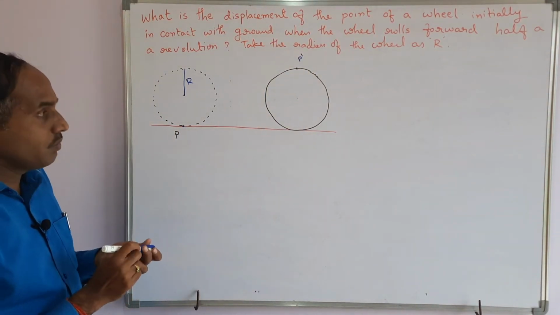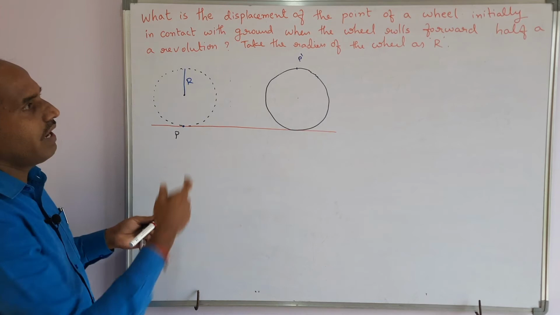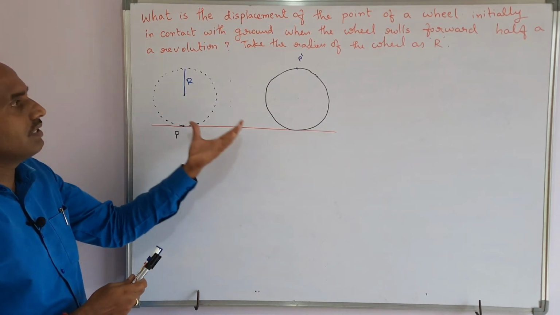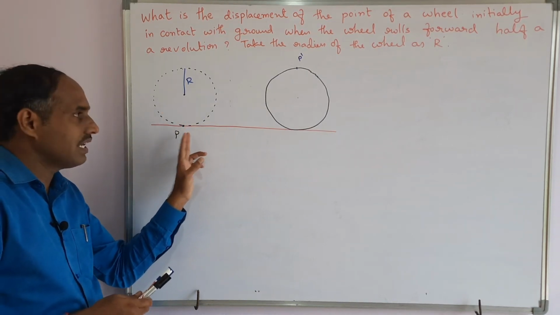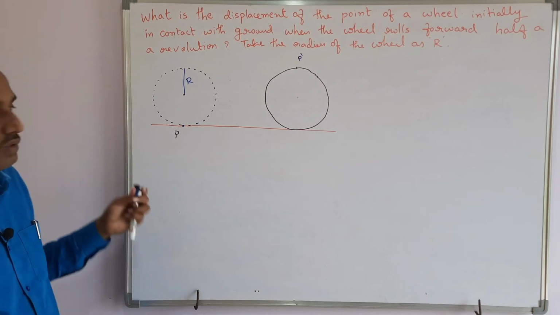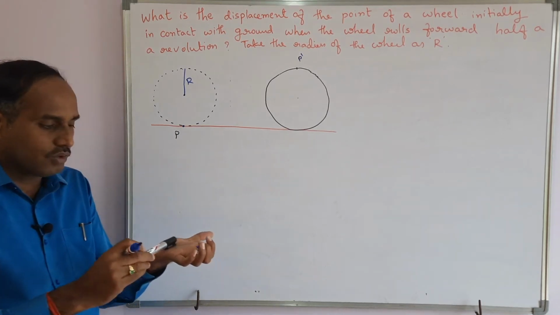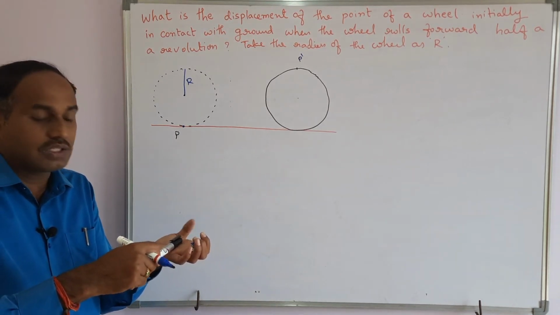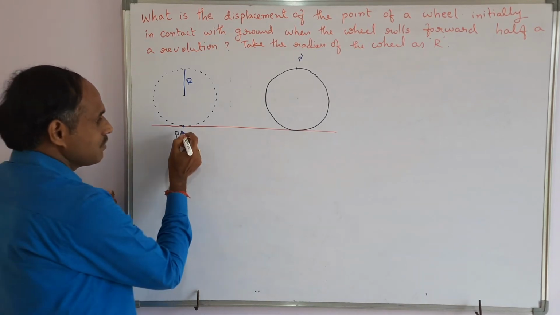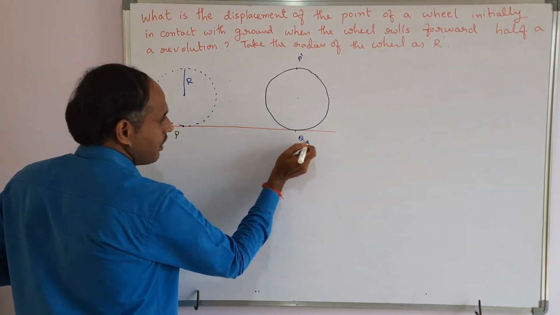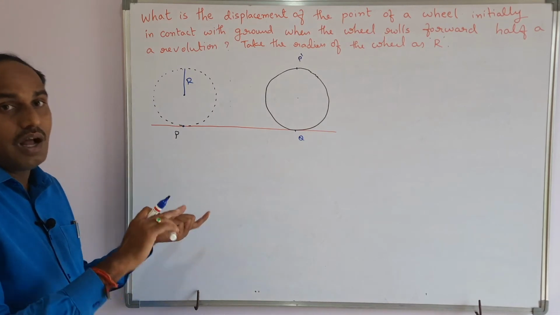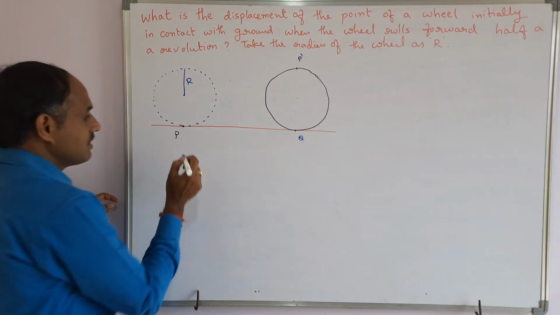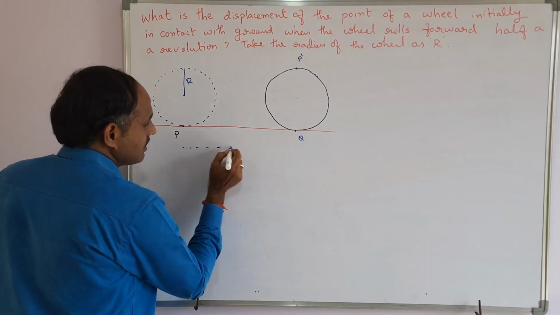When it comes to P dash, we have to find the displacement of this point which was in contact with the ground at first. When it rolls half a rotation along the horizontal, from here to here, let this be the point Q, it covers half the circumference. Let this distance be x.